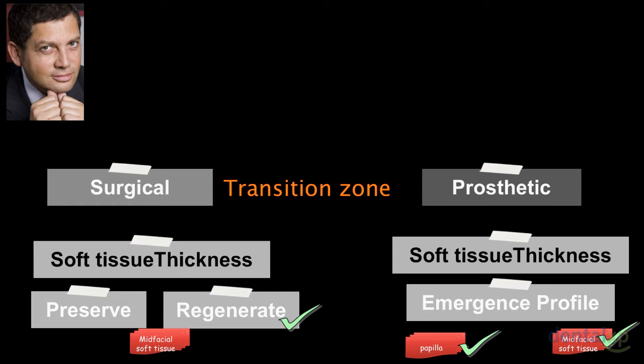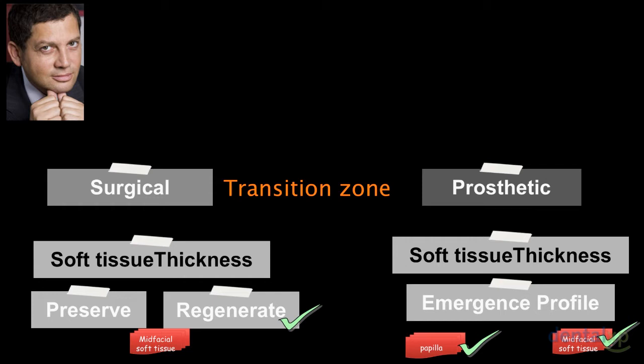Then, if we can maintain and preserve from a prosthetic point of view, we can make temporary crowns and restore immediately a placed implant with immediate soft tissue support.